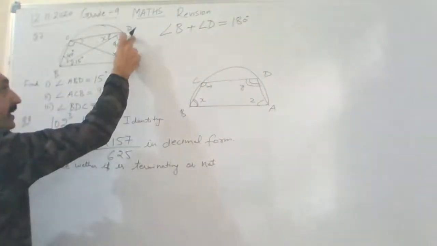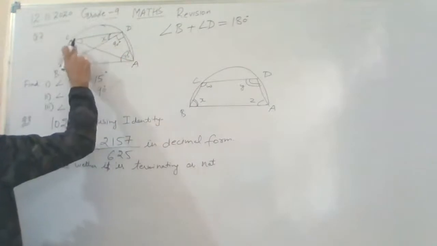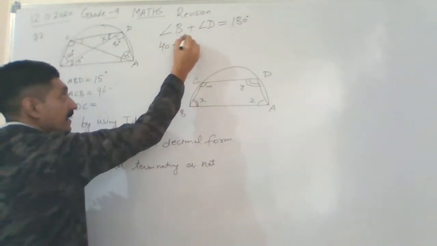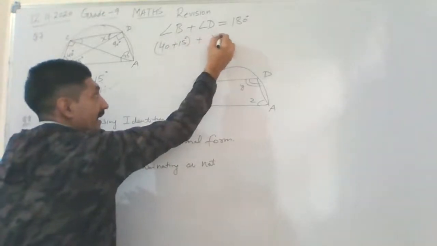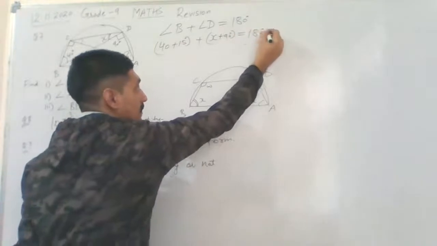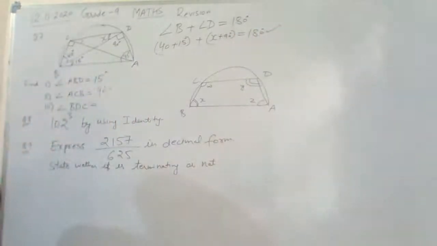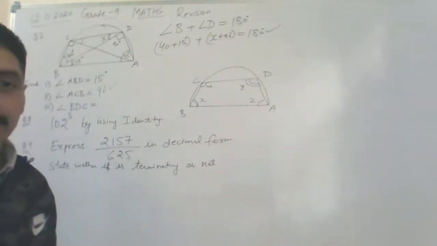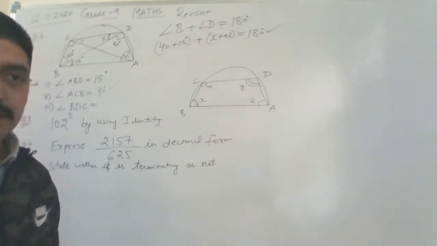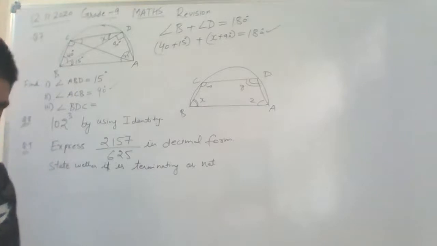What is angle D? X plus 90. What is angle B? 40 plus 15. So 40 plus 15 plus X plus 90 is equal to 180. In this way you can solve using the concept of cyclic quadrilateral. The third part will become more typical then. Right? So the question will be of 3 or 4 marks.